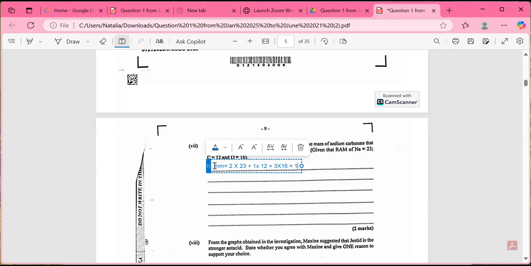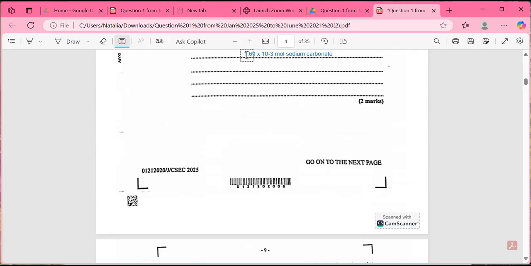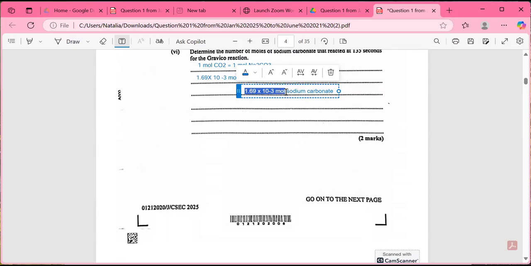And if my memory serves correct, it's 106 grams per mole. What is 6 plus 48 plus 12? Yeah, 106.